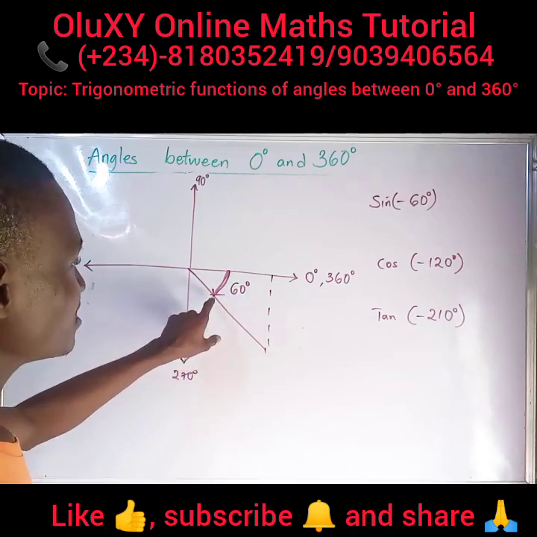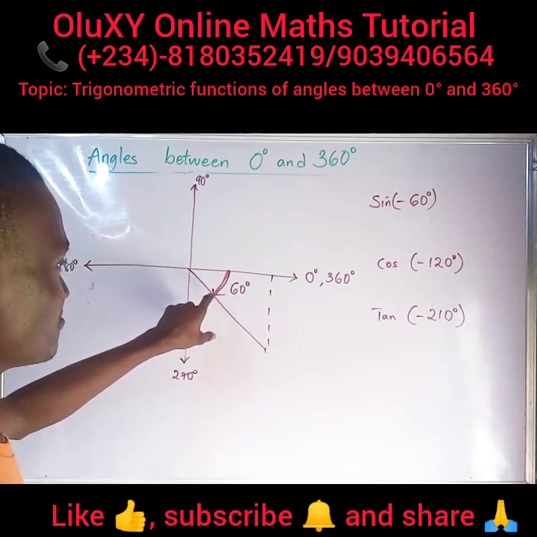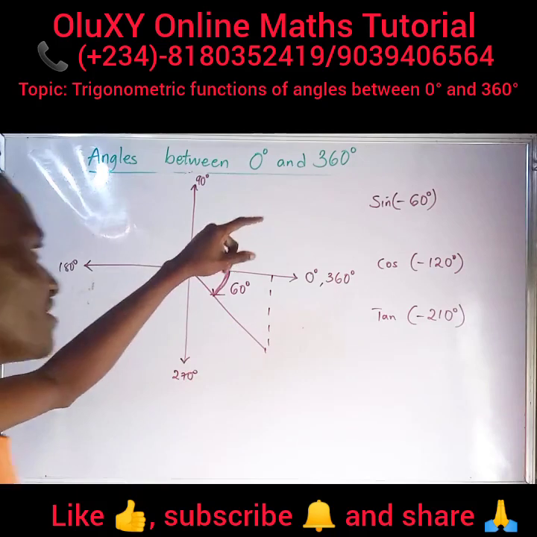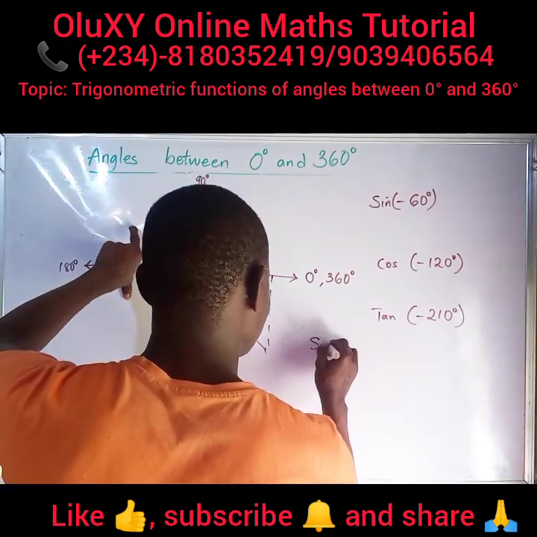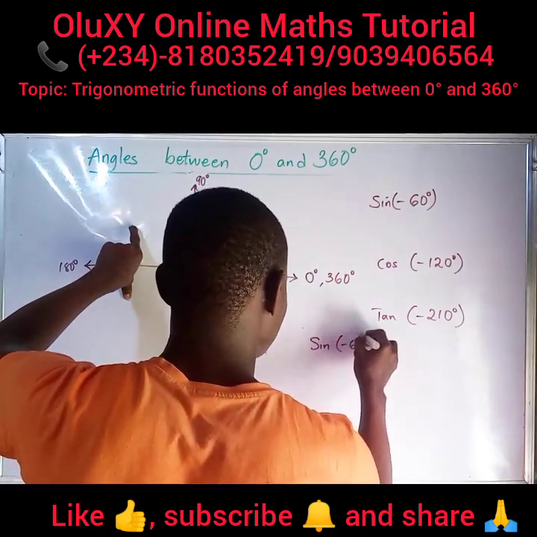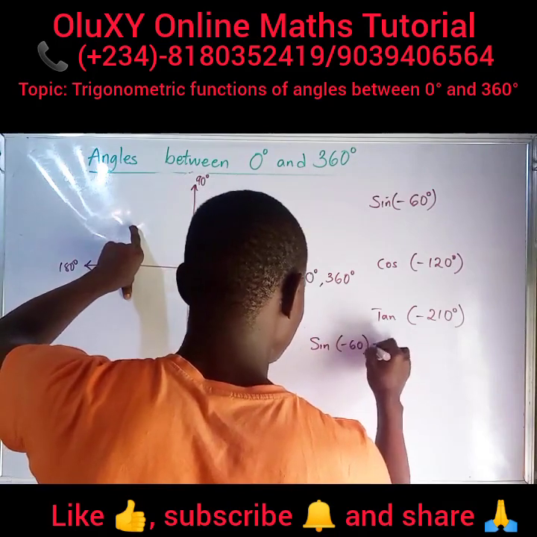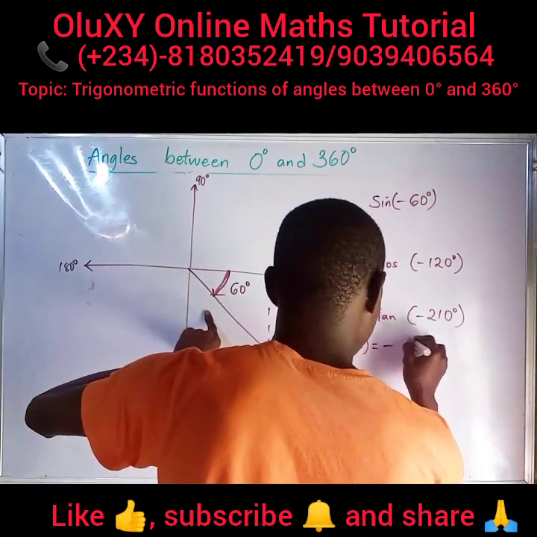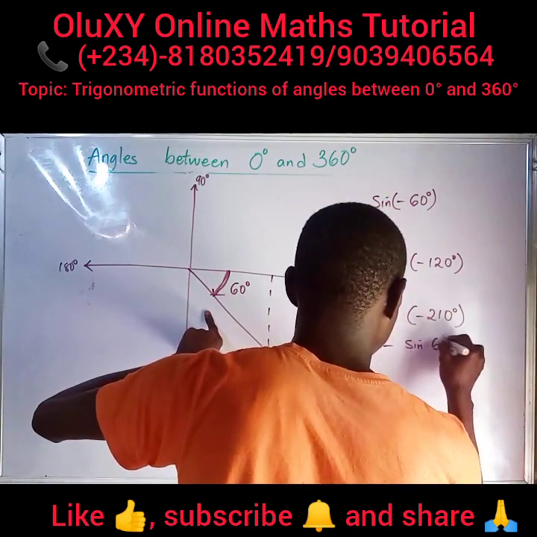But which angle is equivalent to this? You remember that when we were solving the previous one, it implies that sine negative 60 degrees is the same as what? As the negative of sine 60.